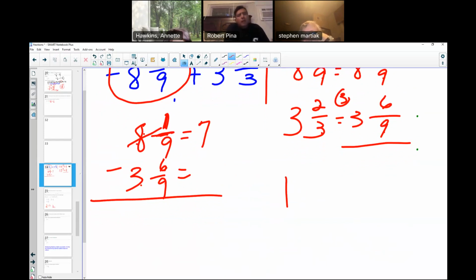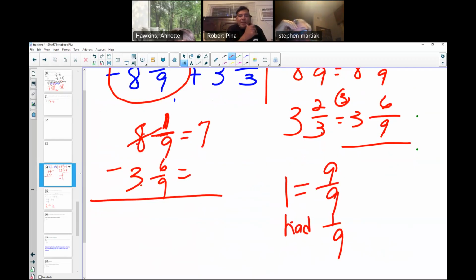The whole that I take from the 8, I always have to change to this denominator. So that's going to be 9/9. I already had 1/9. That gives me 10/9.